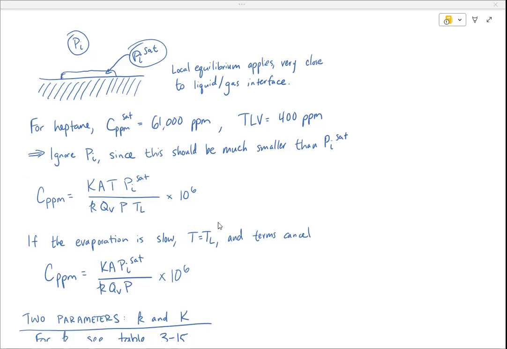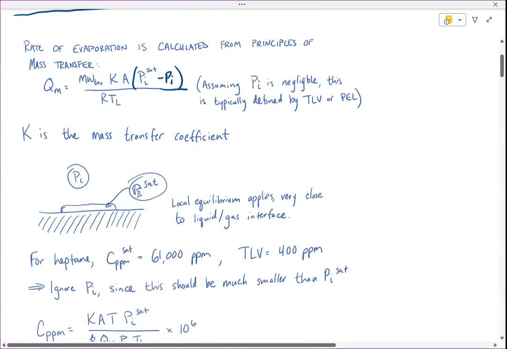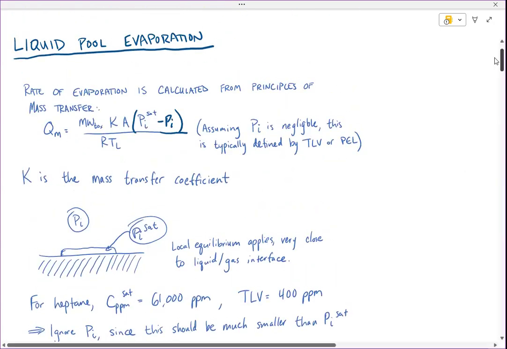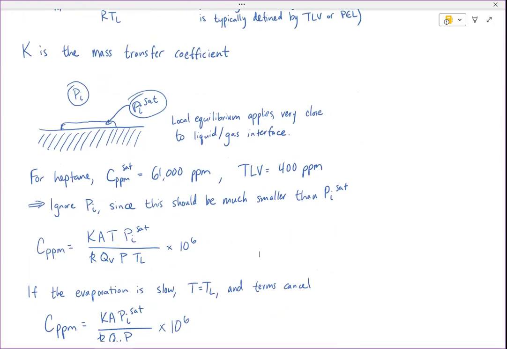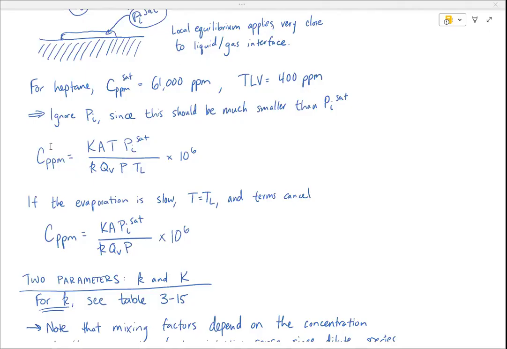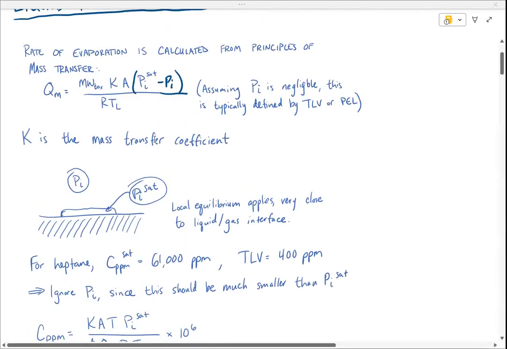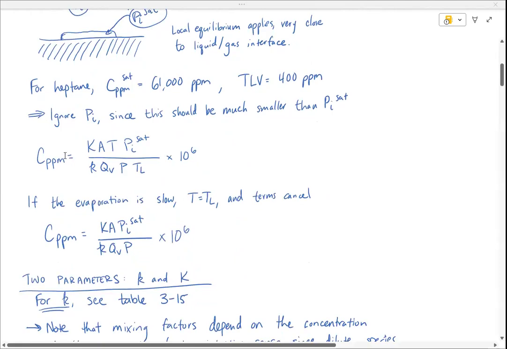Here is what our calculation is. I've taken the ventilation equation and substituted this expression in for Qm. In the ventilation equation, Qm was up in the top, but I've substituted all that and canceled out R, for example.